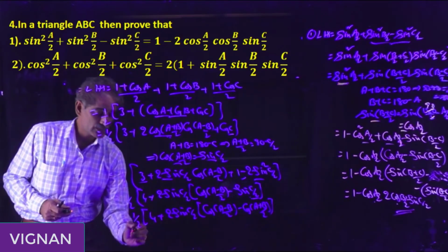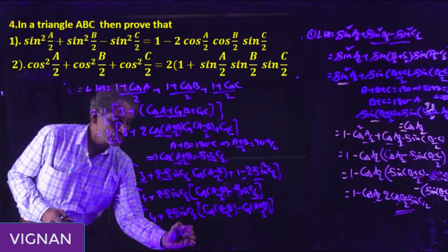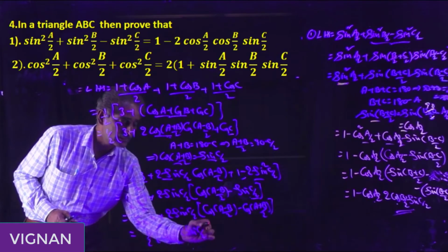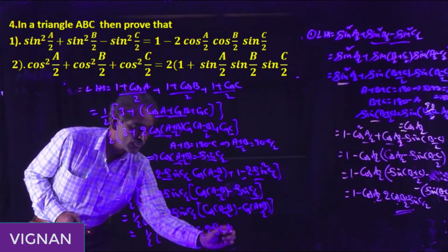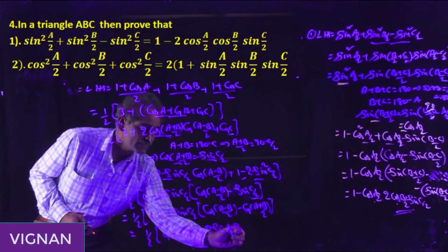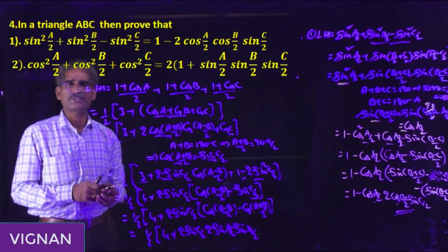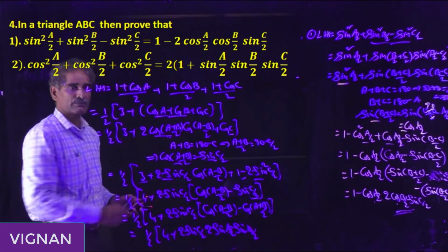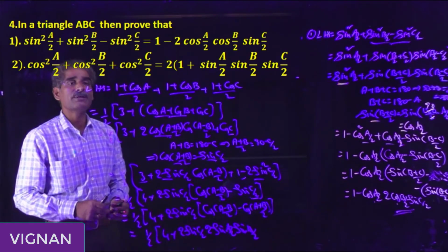Okay, understand? So write down 1 by 2 into 4 plus 2 sin c by 2 is there into 2 sin a by 2 sin b by 2. Now just observe the right side part. Just multiply by 1 by 2. Here get 2. Here just only 2 sin a by 2 sin b by 2 sin c by 2.